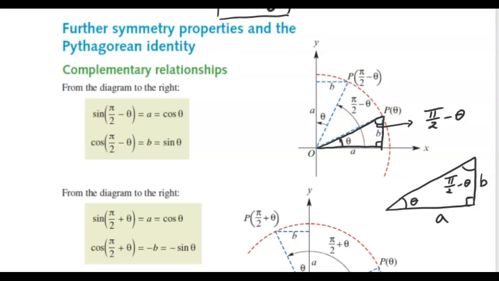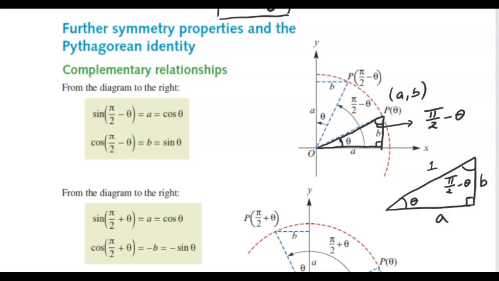If I apply SOHCAHTOA to this triangle and use pi on 2 minus theta as an angle, sine of pi on 2 minus theta is going to be equal to A divided by 1. But what is A? A is basically the x coordinate of that particular point, which is nothing but cos theta in our first quadrant.